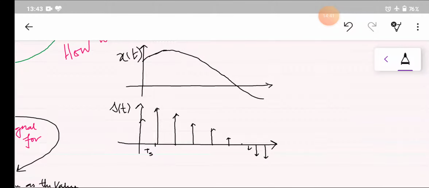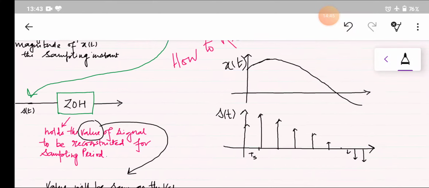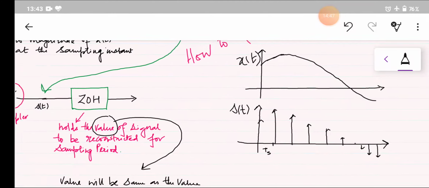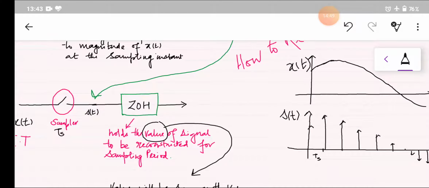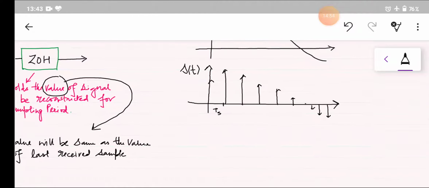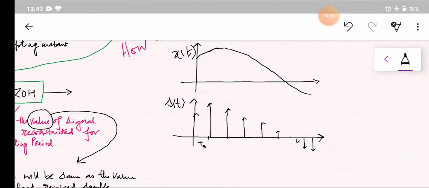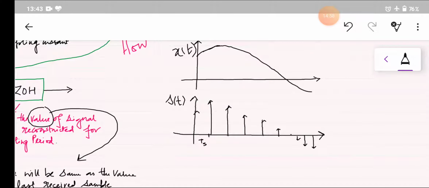So the sampled signal is achieved after using the sampler. As you can see, xt is a continuous time signal and st is a sampled signal. Now what the zero order hold does is it can hold the value.